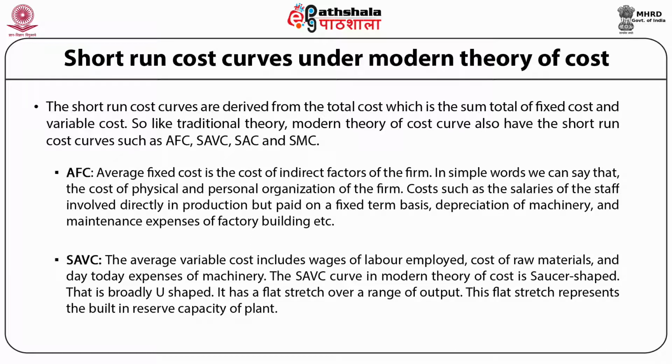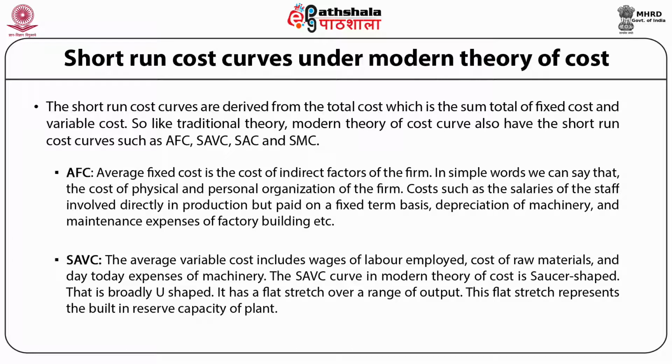The SAVC curve in modern theory of cost is saucer-shaped, that is broadly U-shaped. It has a flat stretch over a range of output. This flat stretch represents the built-in reserve capacity of the plant.